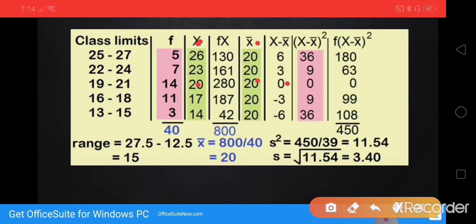For the x minus x bar to the power of 2, you multiply it by itself. For example, 6 times 6 equals 36. 3 times 3 equals 9.